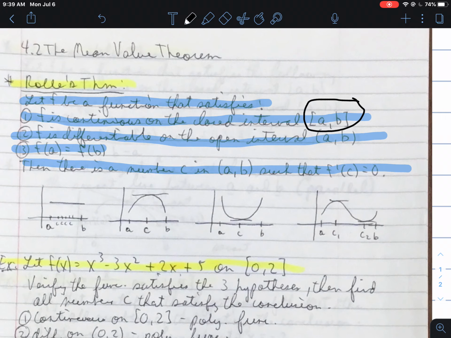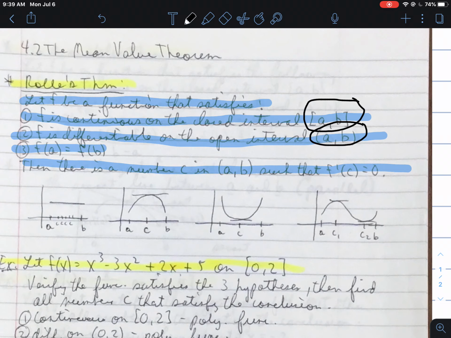So these are two statements that must be made with respect to our function, of course, provided that they are true. That f would be continuous first on the closed interval from a to b. f is differentiable on the open interval from a to b. So again, always differentiable on an open interval.